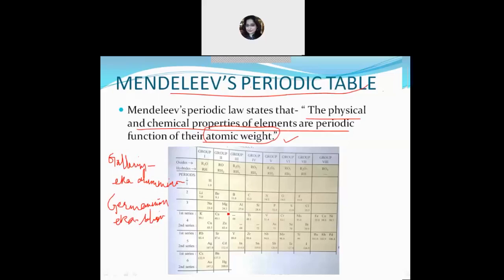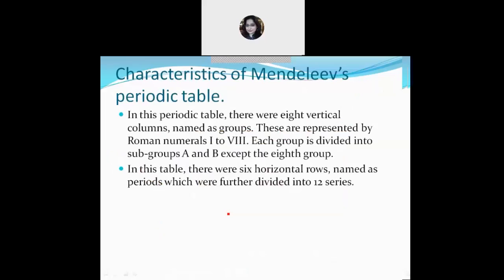In this periodic table there are 8 vertical columns known as groups, represented by Roman numerals 1 to 8, and each group is divided into subgroups A and B, except the 8th group. There were 6 horizontal rows named as periods, which were further divided into 12 series.